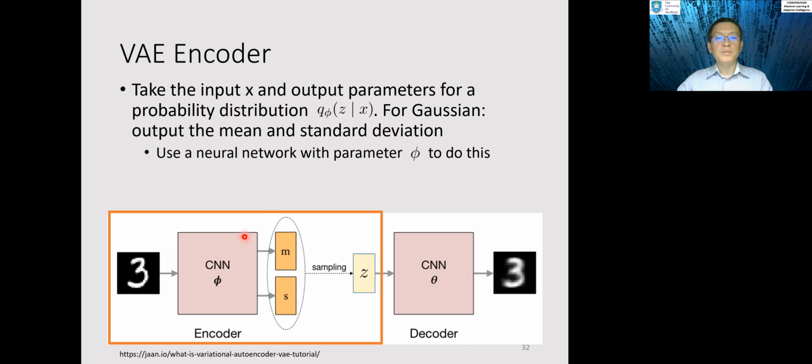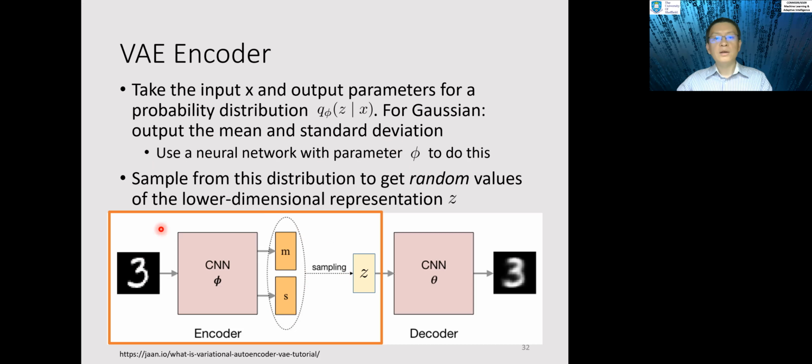Then this encoder will sample from the distribution specified by these output parameters to get random values of the latent representation Z. So this specifies a distribution, and then we sample from this distribution to get Z. So that is our code.